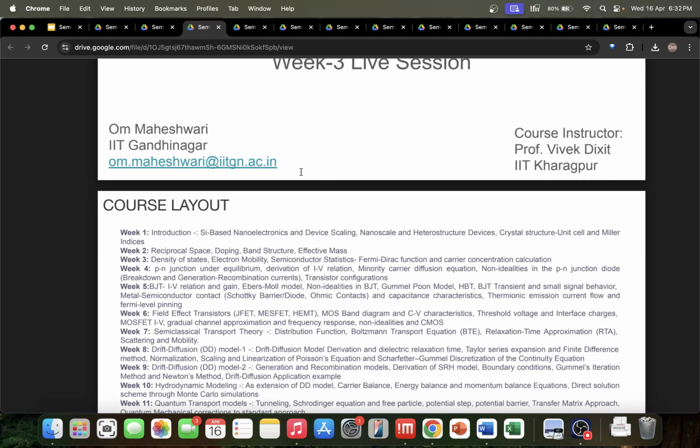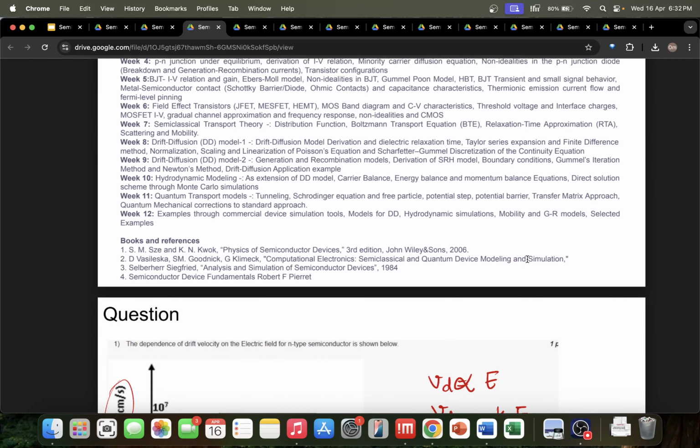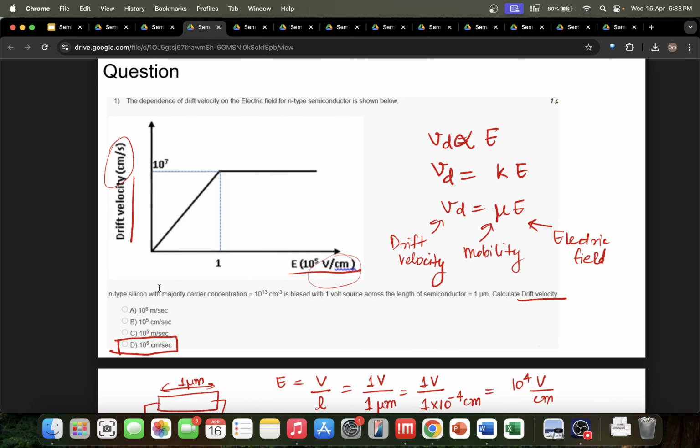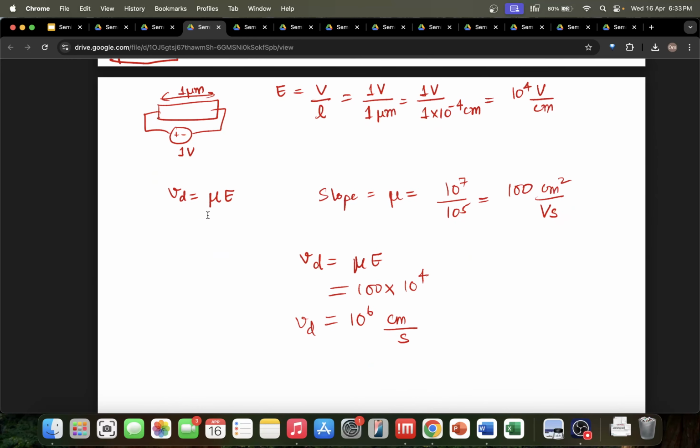In week 3, we discussed density of states, electron mobility, semiconductor statistics, the Fermi-Dirac function, and carrier concentration calculation. We started with drift velocity, its dependence on mobility and electric field, and we determined the drift velocity based on some questions.